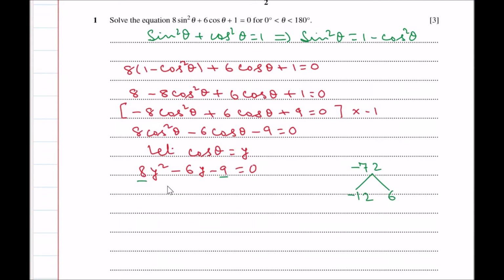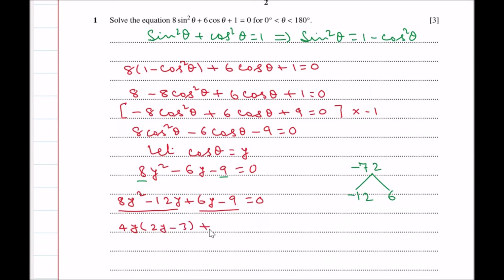Okay, so let us use this for factorization. So we have 8y square minus 12y plus 6y minus 9 equal to 0. Now let's group the first two terms and last two terms. The common factor in the first two terms is 4y, so 4y times 2y minus 3.